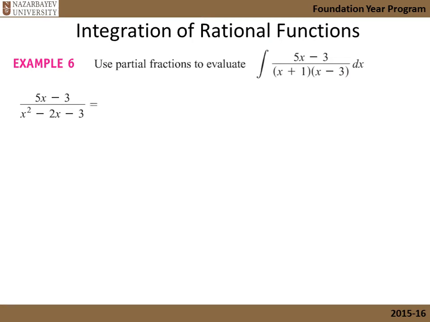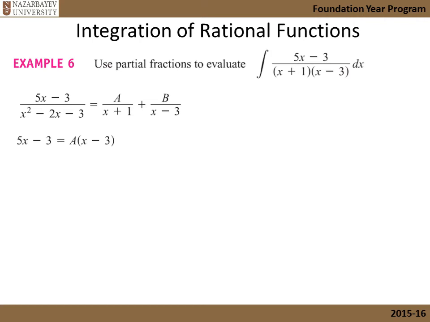And we know that this fraction can be represented as the sum of the following smaller fractions: A over x plus 1 plus B over x minus 3. So our task is to find this A and B.